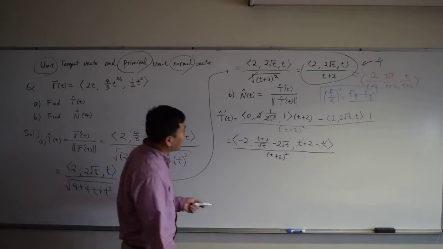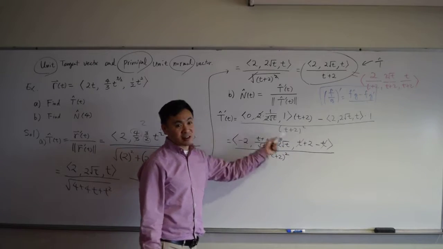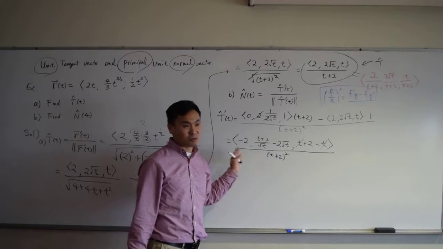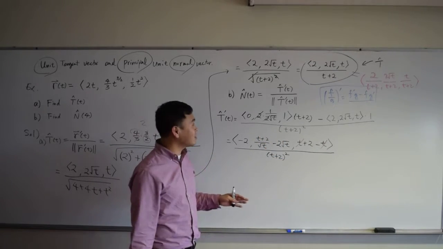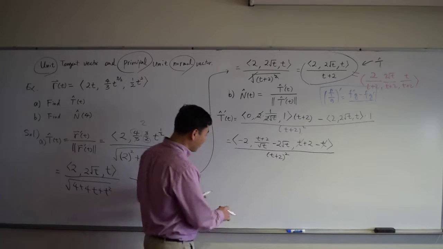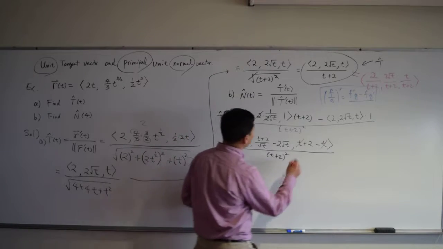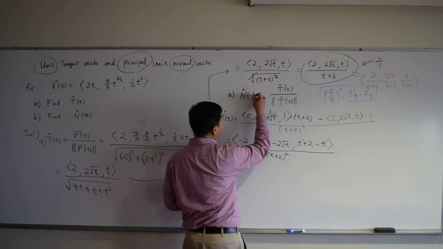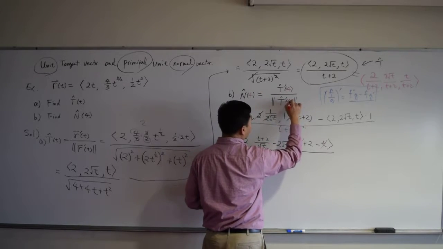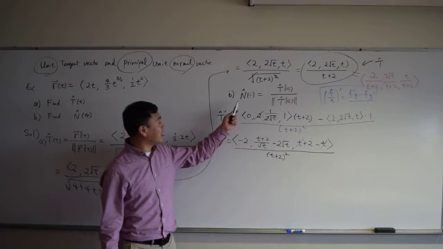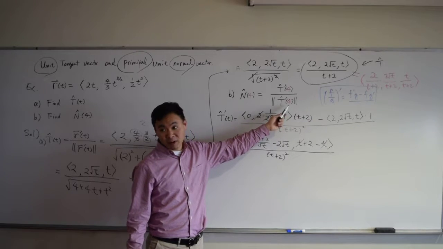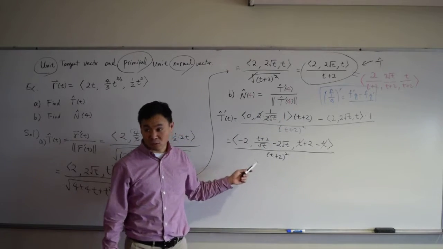So instead of having to normalize this entire thing, which would end up in a horrible, very gigantic square root of square, square, square, the idea is first try to find N of 4. Just write down what I would get if I put 4 here. So by N of 4, I mean I need T prime at 4, and then I have to divide it by its size. You just have to normalize this after you plug it in, right?